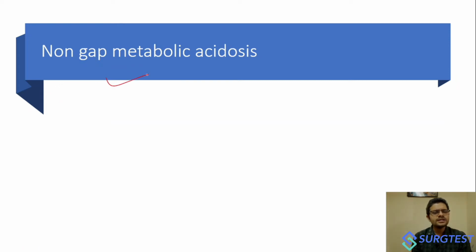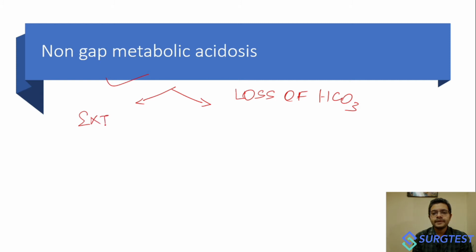So what are the causes of non-anion gap metabolic acidosis? Very quickly dividing, you have to know the concept that the body is losing bicarbonate. That loss of bicarbonate can either be extrarenal or it can be a renal loss.